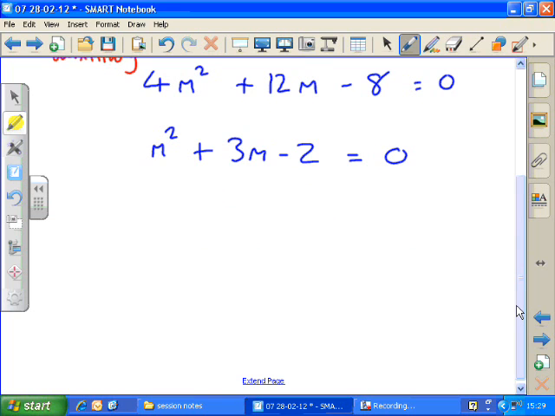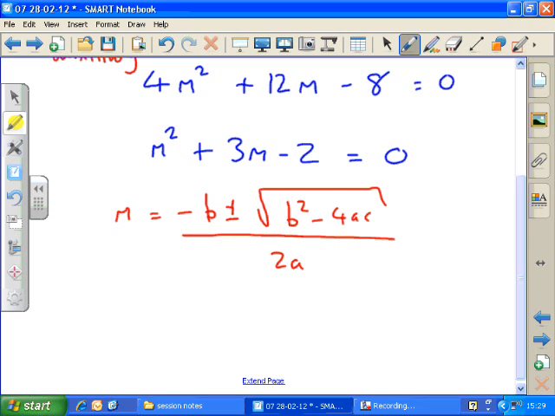Sometimes these things factorize, sometimes they don't factorize. We can always solve these things using the quadratic formula, m equals minus b plus or minus the square root of b squared minus 4ac all over 2a. If we focus on this for a minute, and look just at the root bit, the b squared minus 4ac bit.